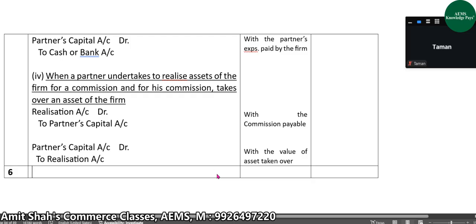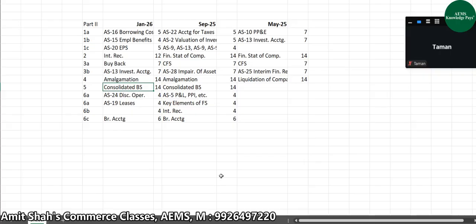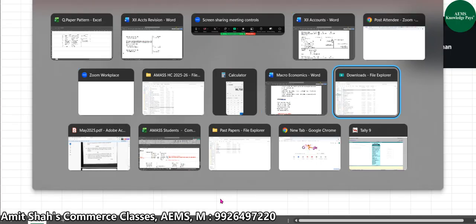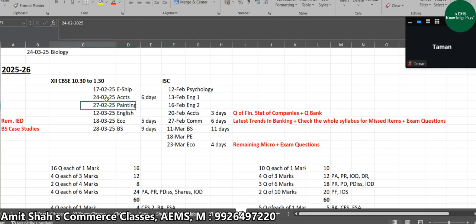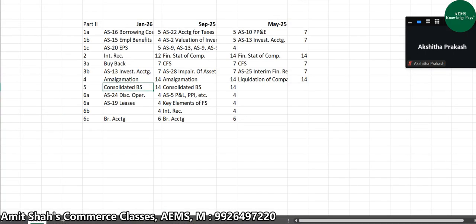After 17th, you have your exam on, let me check it. Yes, after 17th, it is on 24th, accounts exam. Am I correct? Yes, sir. Right? So till the 21st, we will have our classes of accounts so that I could cover all the topics for which you want a revision or any doubt clarification. Right, guys? Okay.